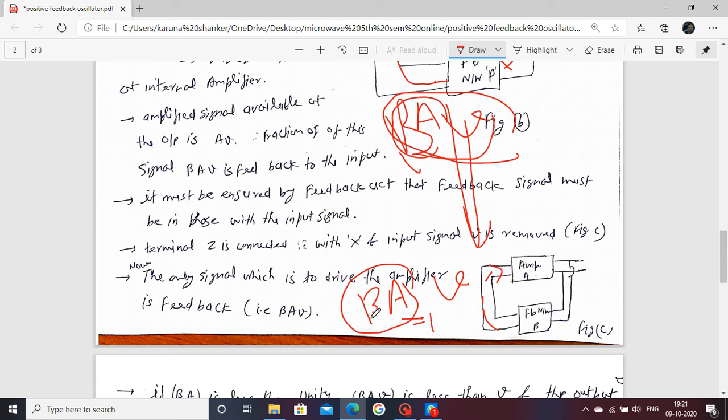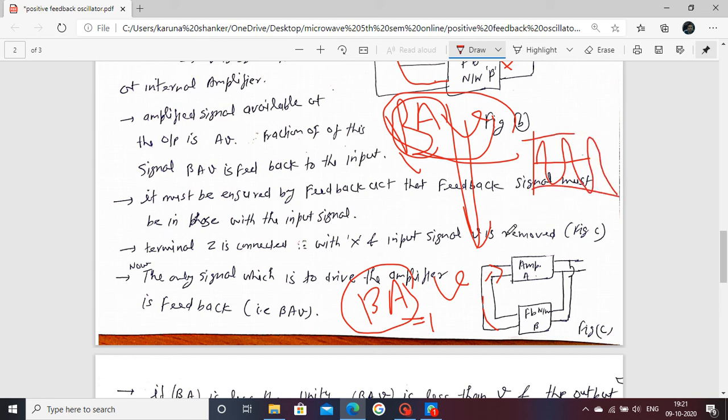To observe this, using the Barkhausen criteria, beta A is equal to 1, then 1 multiplied by V is equal to V, meaning again this is amplified, and this process continues, and sustained oscillation is produced. Suppose the oscillator circuit obtains an AC, sinusoidal signal of constant amplitude.